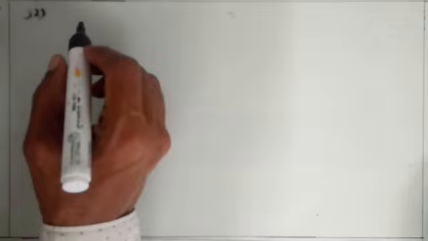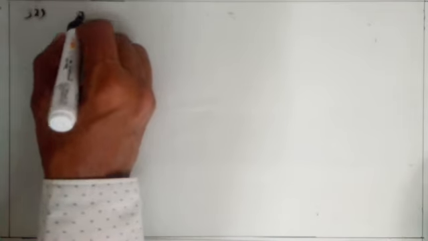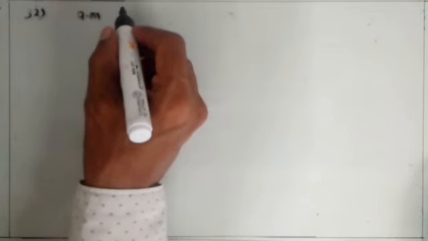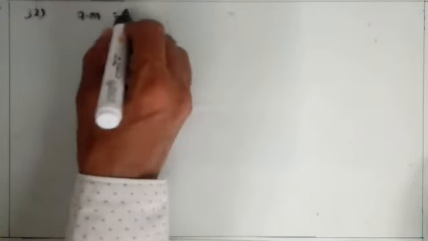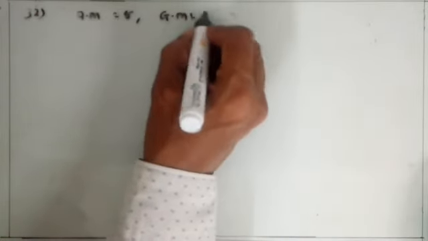Now the last question of exercise 9.3. If the arithmetic and geometric means of the roots of a quadratic equation are 8 and 5. The arithmetic mean of the roots of the quadratic equation is 8 given, and the geometric mean is 5 given.